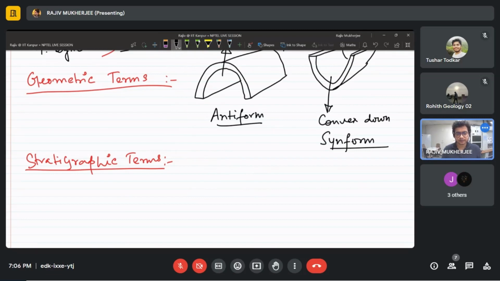Instead, let us represent it like this, right? So this is the center layer, right?